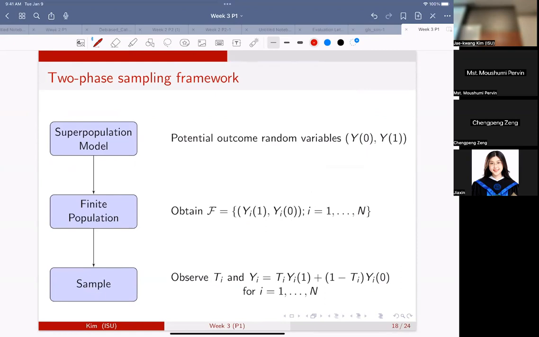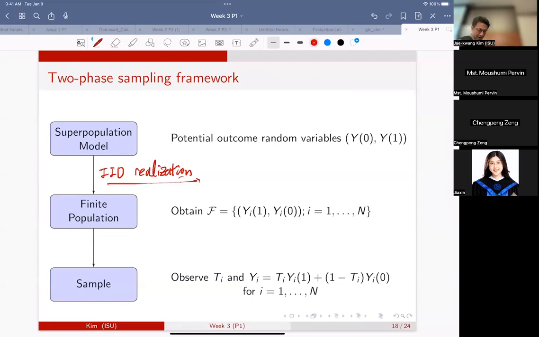You have a stochastic model, a concept where your potential outcome random variables come from a certain model. And then a finite population is a realization, right? So this is essentially an IID realization.